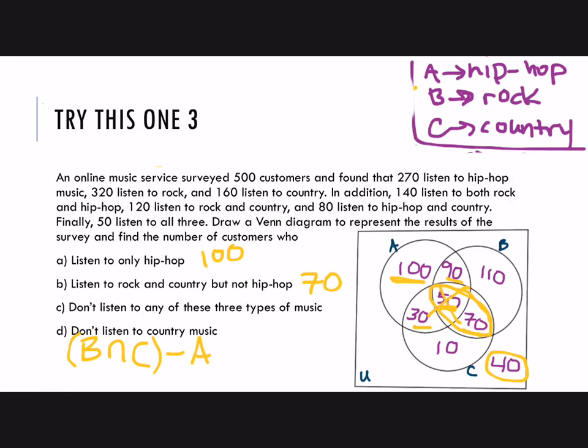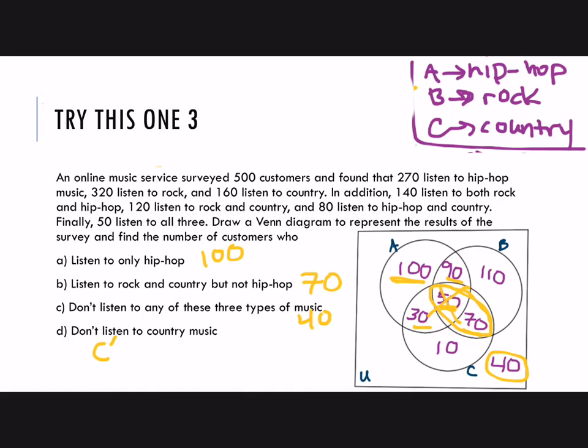Don't listen to any of these three types of music. We know that one already, that's 40. And then finally, don't listen to country music. Two ways you could have done this one. One way is to just add up all of the people who are not in that country circle. This is like C complement.